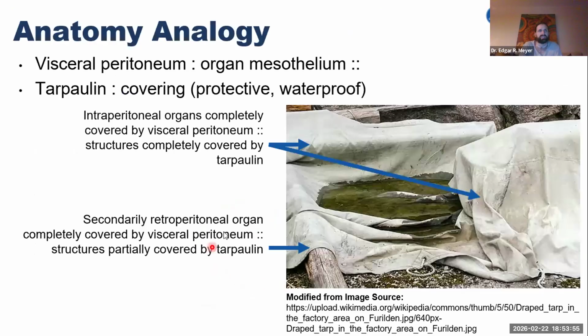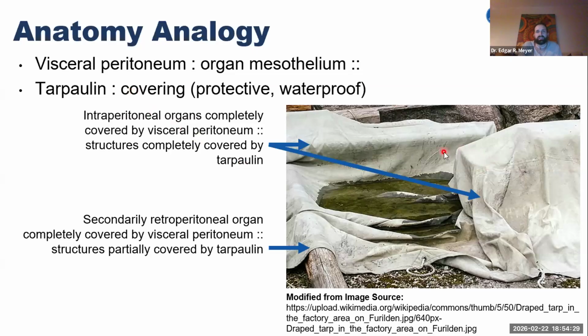And so I'm using this analogy to kind of bring home this point. So our visceral peritoneum is to an organ mesothelium or organ covering, as is a tarpaulin or waterproof covering that you might use to cover a car or a set of structures that you don't want to get wet in the rain.